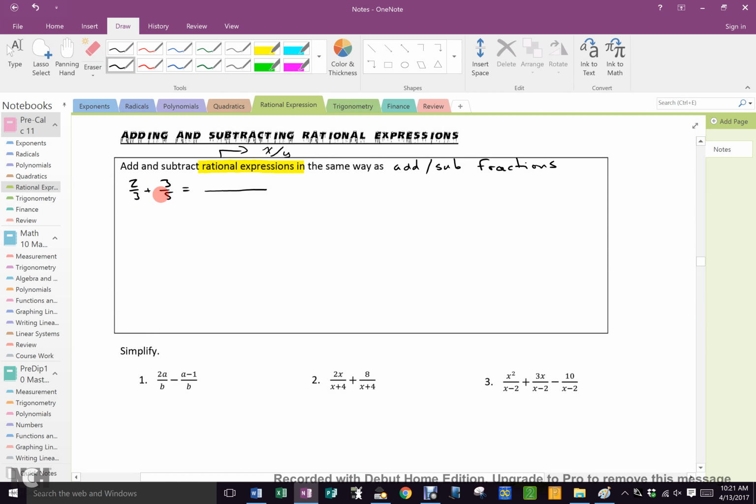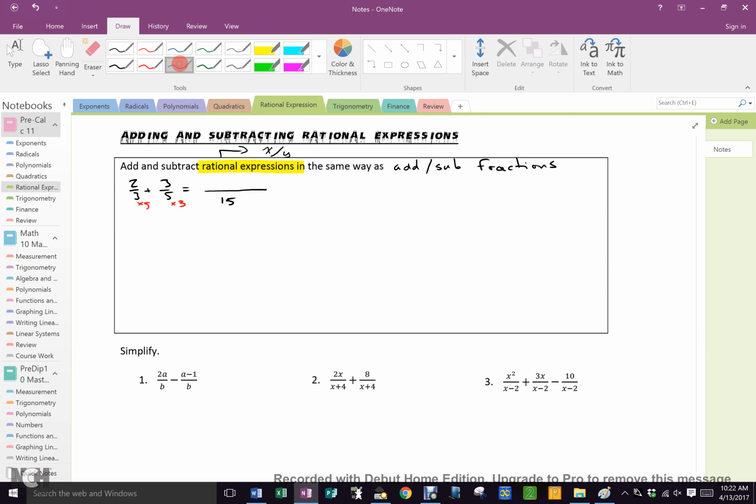Right? How do I do that? Well, in my head, because this is so easy, I know that it's 15. But what you really did is you multiplied that by 5 and you multiplied that by 3, didn't you? You needed 15 because 15 would take care of both of these.